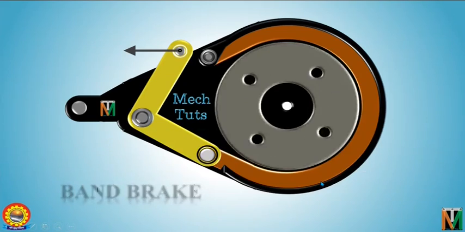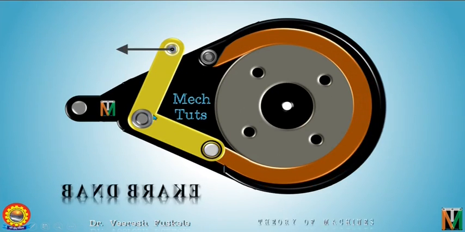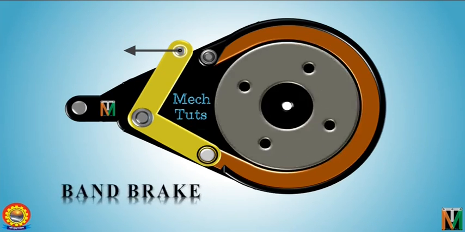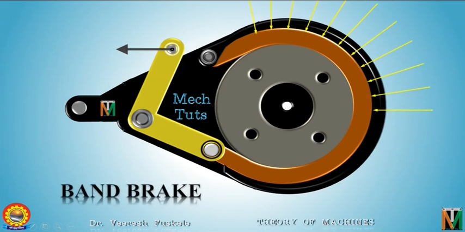This is how the band brake is functioning. As and when this lever is pulled in this direction, as it is pivoted here, this side will be moving here, so it will be tightened. This is the direction of applied force. It will be applied in the radial direction. That's why it is a radial brake.